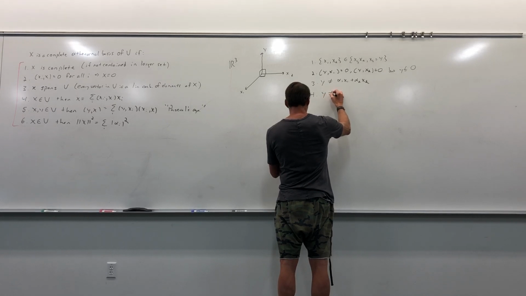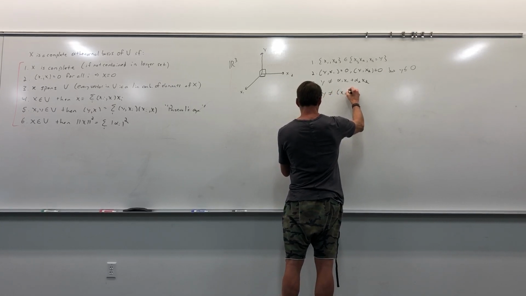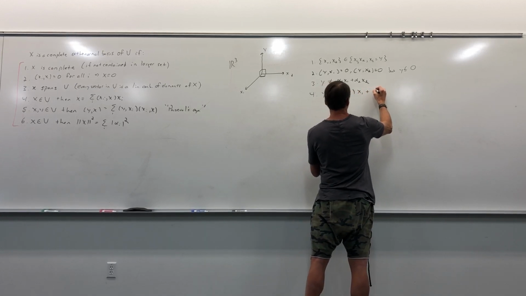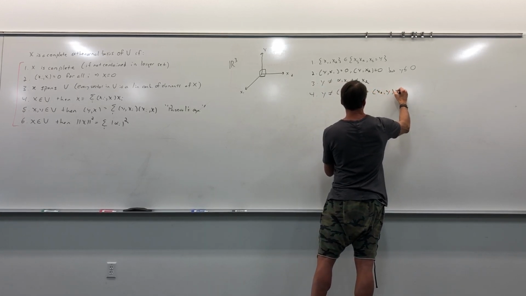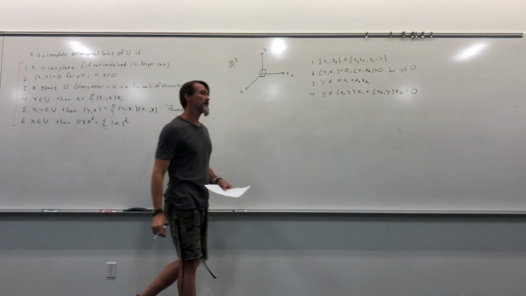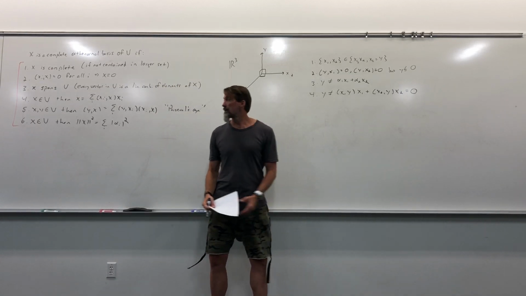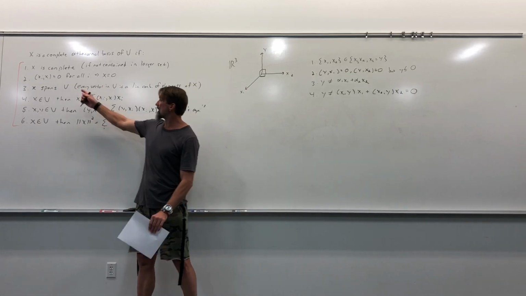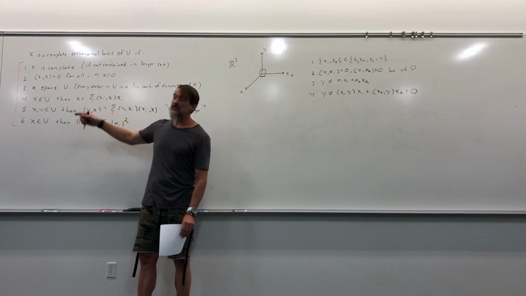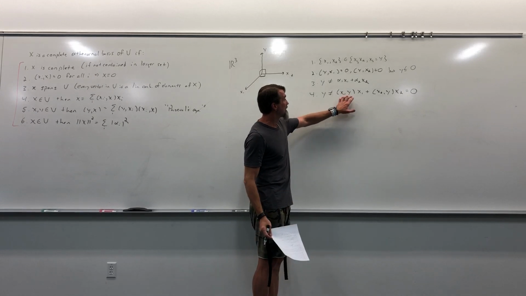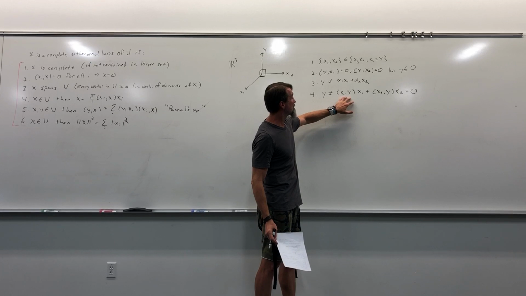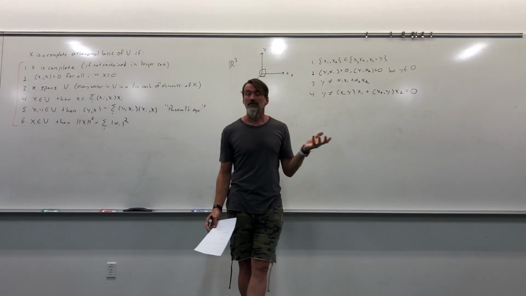Therefore, y does not equal (x1, y) x1 plus (x2, y) x2, which equals 0. A lot of these look similar, but I'm going by what's here. So 4, I'm showing that this linear combination of the basis vectors is 0 because these are orthogonal, but the vector y is not 0. Okay.